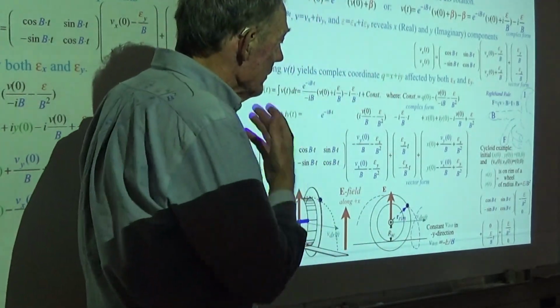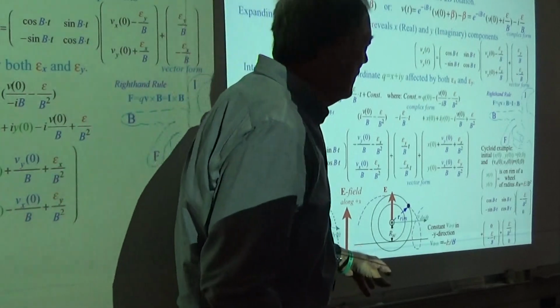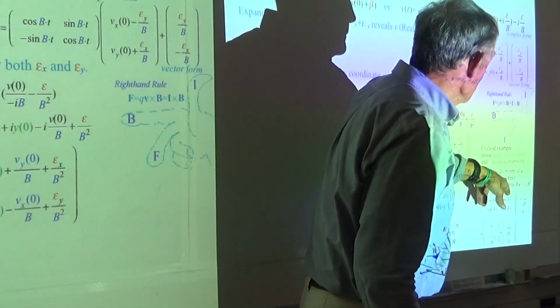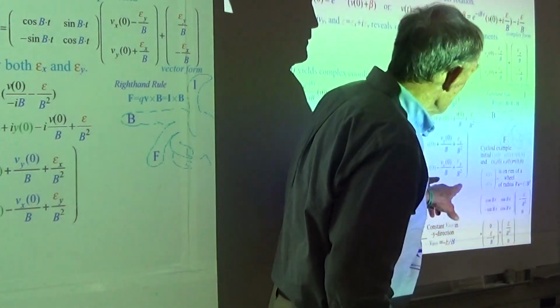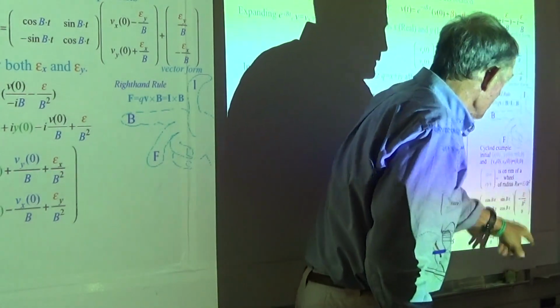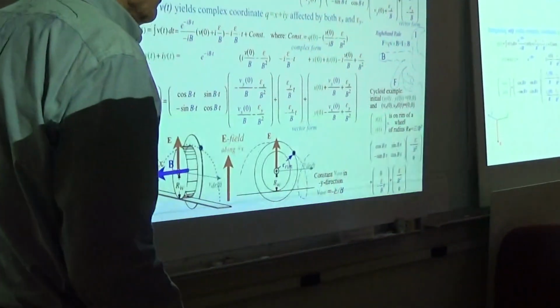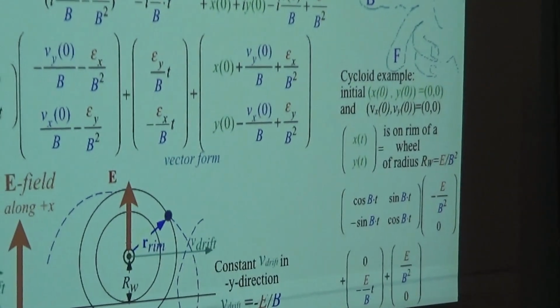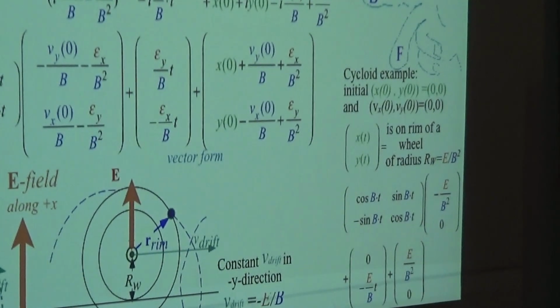Okay, so the basic idea of having a wheel with a rim, and the thing that I'm referring to with the rim is R_W. That turns out to be E over B squared, and the rest of it is pretty easy to see after you've played with it.